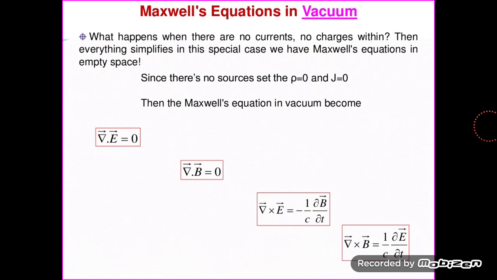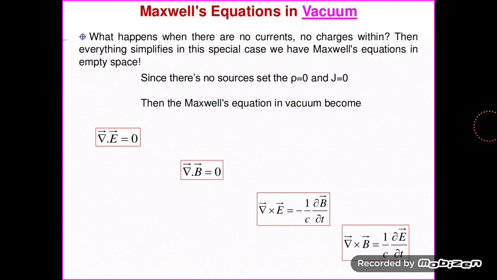Maxwell equation in vacuum is what happens when there is no current and no charge. Then everything simplifies. In this special case, we have Maxwell equations in empty space. Since there are no sources, we set rho equal to 0 and J equal to 0.